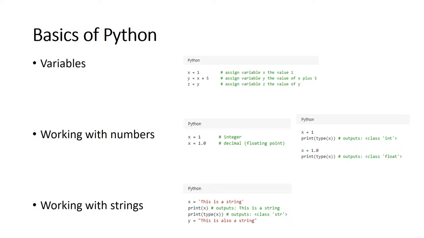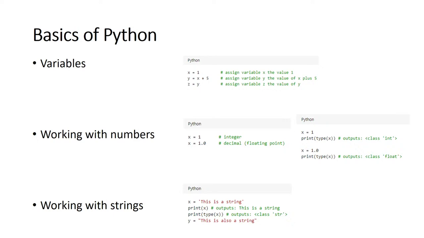Now I will just cover some basics of Python. Then we will see how we do this basic geoprocessing using Python. As I explained in my previous slides, the basic construct in a programming language is the variable. Variable is one of the most powerful concepts in a programming language.